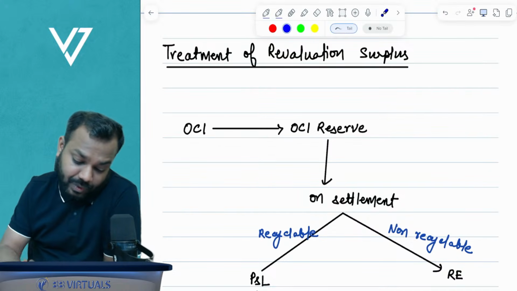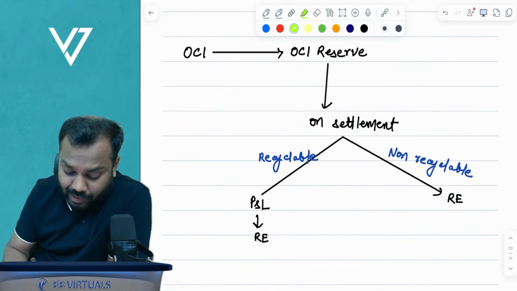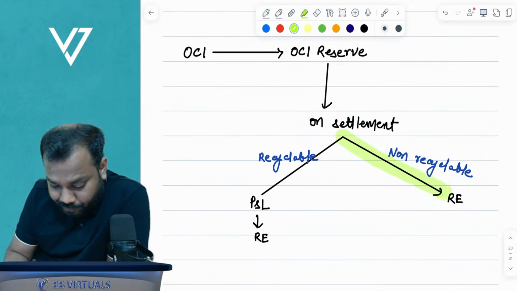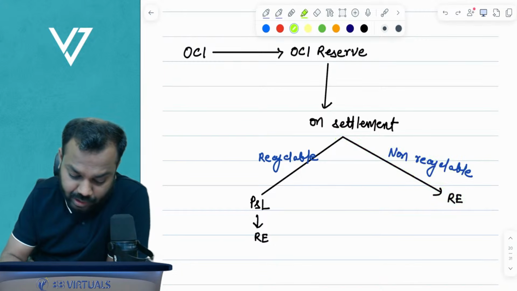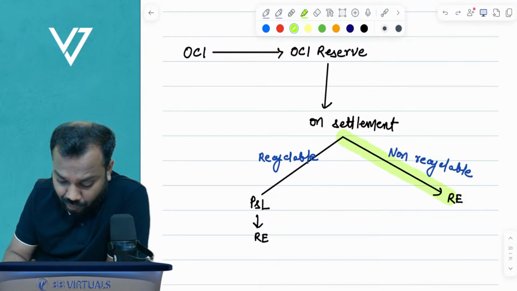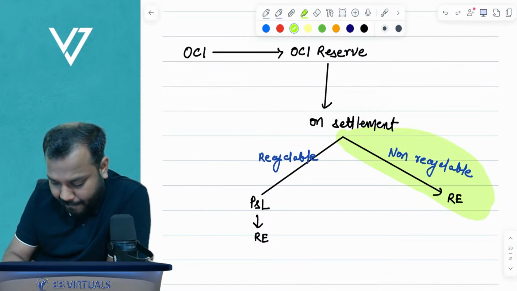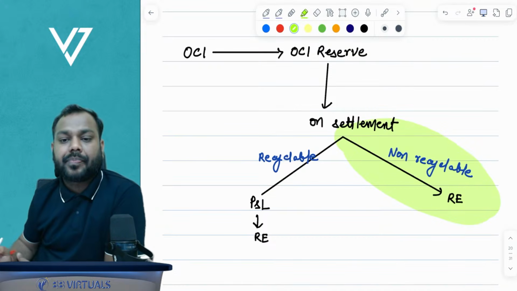Now, revaluation gain is non-recyclable. It falls under here. Is that clear?